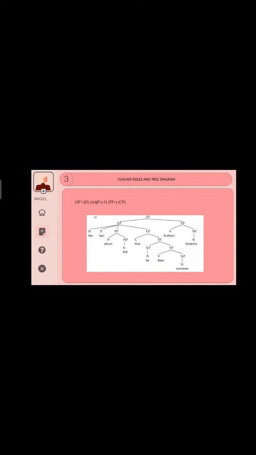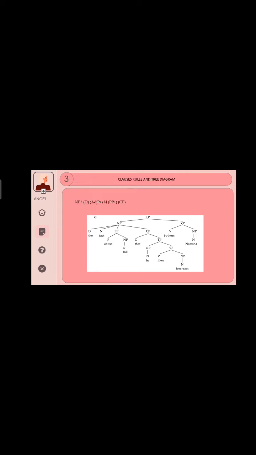Next, the last rule is noun phrase to D, or the determiner, and then the adjective phrase plus noun, and then prepositional phrase plus, and then complementizer phrase. So the noun phrase is "the fact about Bill," and then the complementizer "that," "he likes ice cream," and the verb is bothers, noun Natasha.